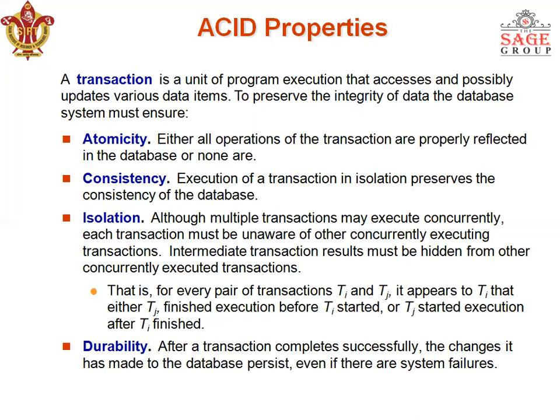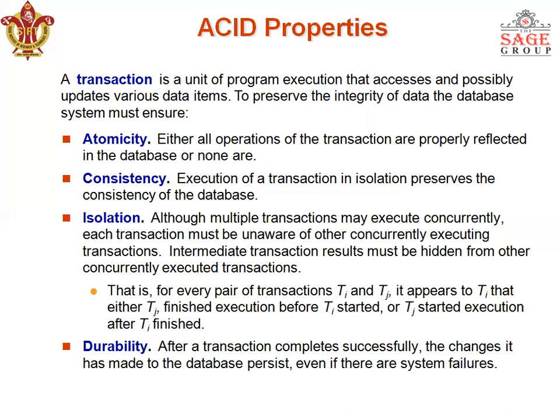If we talk about the consistency property, the consistency property ensures that the database remains in a consistent state before the start of the transaction and after the transaction is over. Means whether the transaction is successful or unsuccessful.